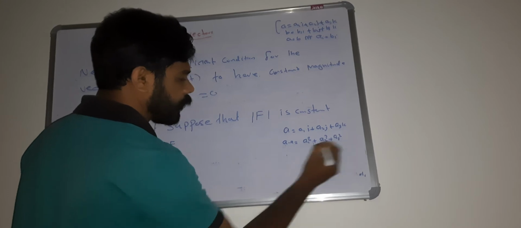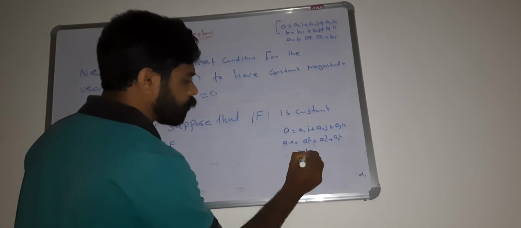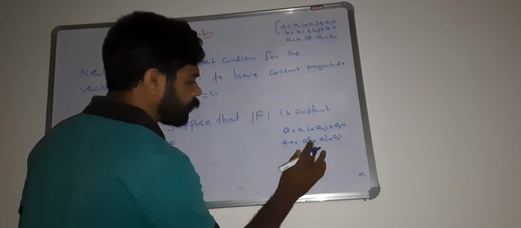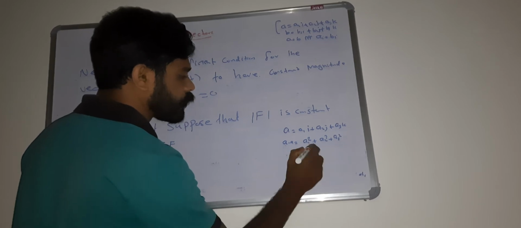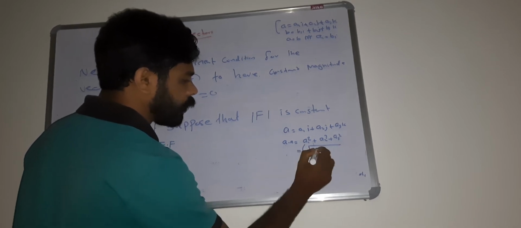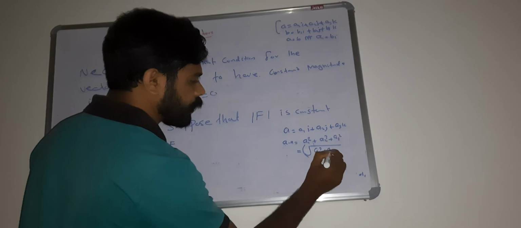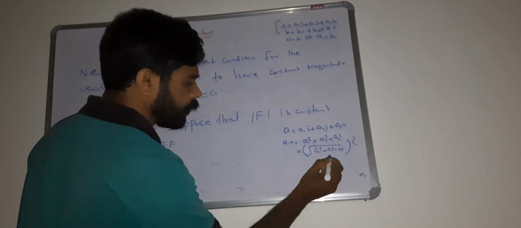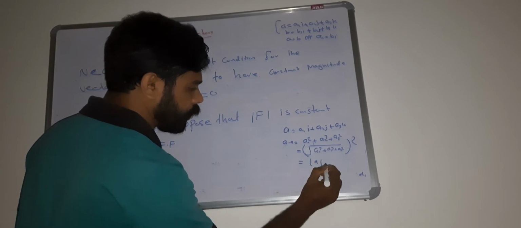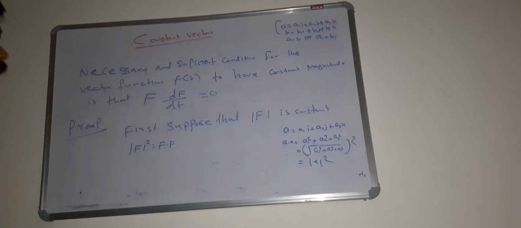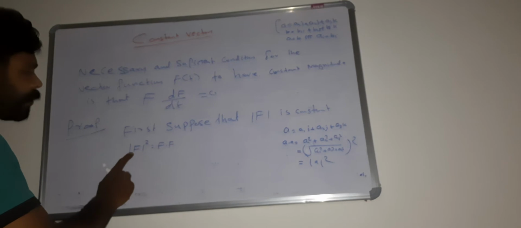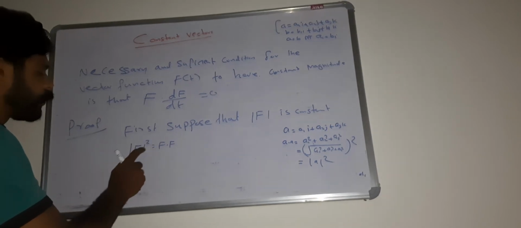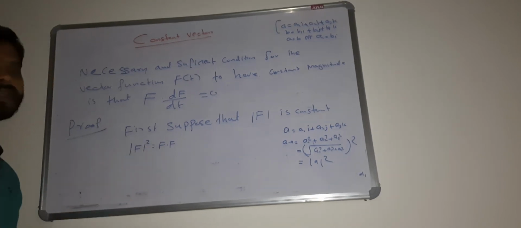The magnitude of a is the square root of a1 square plus a2 square plus a3 square, whole squared, so that is magnitude of a squared. So mod f squared equals f dot f.